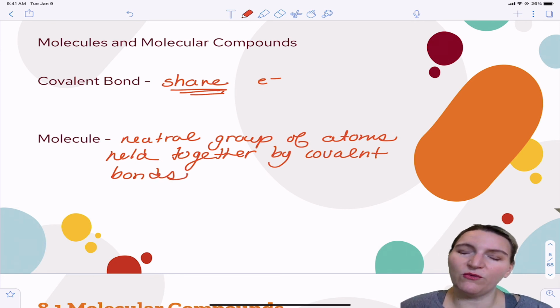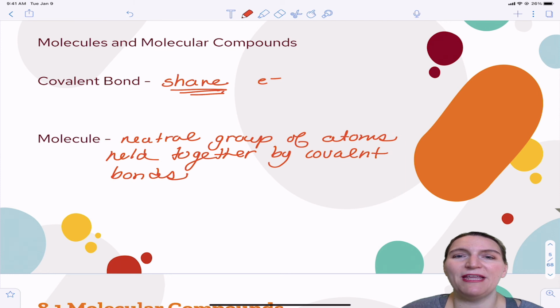And I want to make sure that we use neutral group, because what this is reminding us of is those polyatomic ions that we learned about last chapter. Remember last chapter we learned about nitrate and hydroxide and acetate, those polyatomic ions.